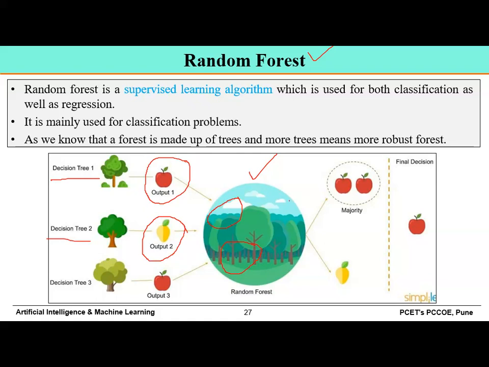Then I went to the third sample, developed a decision tree, and that is saying that there are more apple trees. So you have three samples, three models. Majority will be apple. So what will be your conclusion? In that particular forest, apple trees are more.